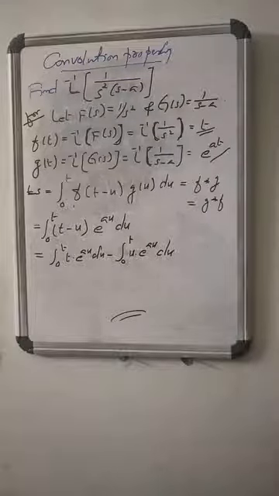Moreover, the convolution of f and g is nothing but the inverse Laplace of the product f of s into g of s. That's an important result. That is, L inverse of f of s into g of s is f star g of t. That means it equals integral 0 to t, f of t minus u g of u du. Okay, thank you.